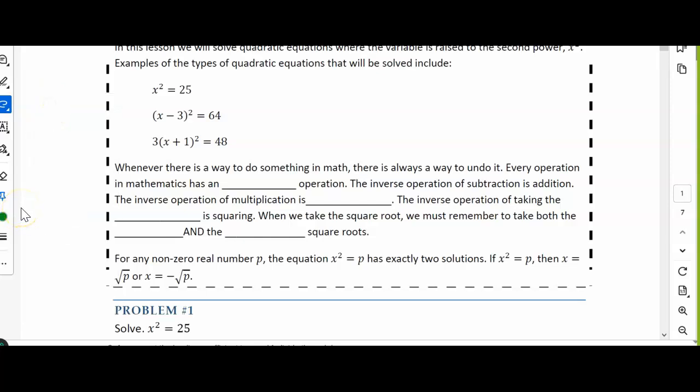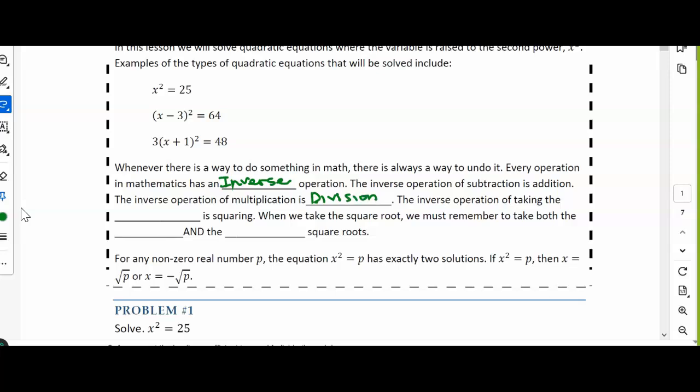All right, so let's fill in some things here. Whenever there's a way to do something in math, there's always a way to undo it. Every operation in math has an inverse operation. The inverse operation of subtraction is addition. The inverse operation of multiplication is division.